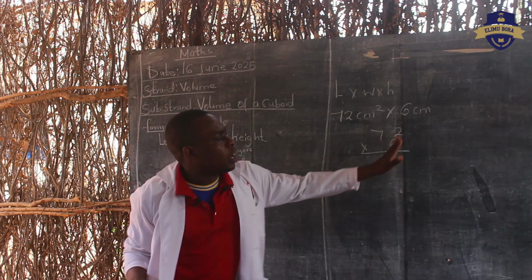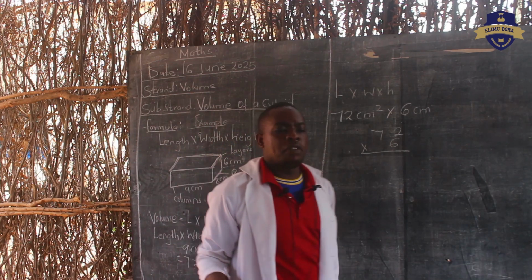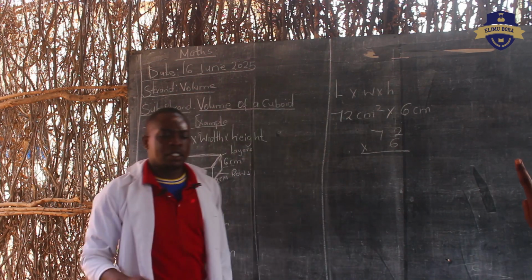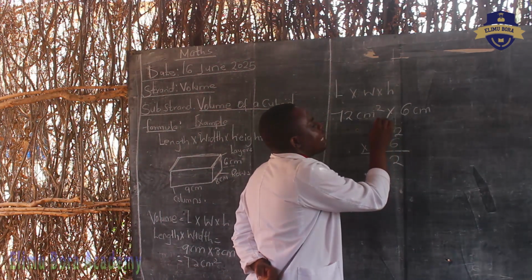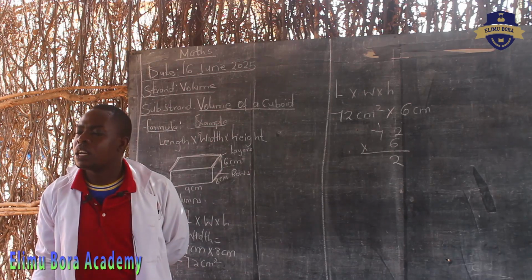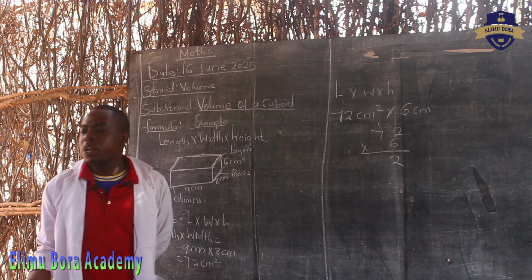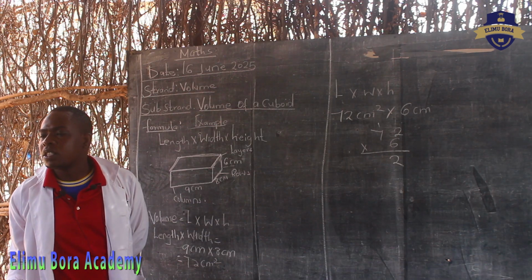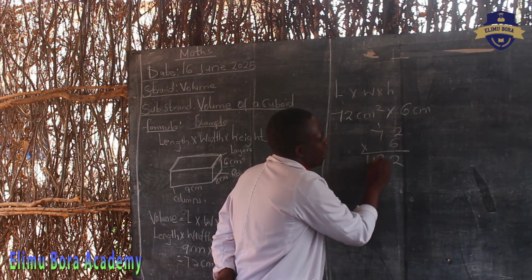Now, 2 times 6 is 12, so we write 2 and carry 1. 6 times 7 is 42, and when we add 1 it is 43. So here we write 43.